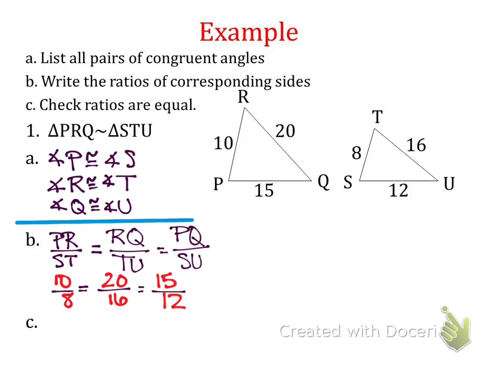Now create another line in your notes so that this is a definite division. Letter C is asking to make sure that the ratios reduce to the same fraction. In order to reduce the first one, they're both even, so let's divide them both by 2, reducing it to a 5:4 ratio. And we're going to check to see what the other ones will reduce to.